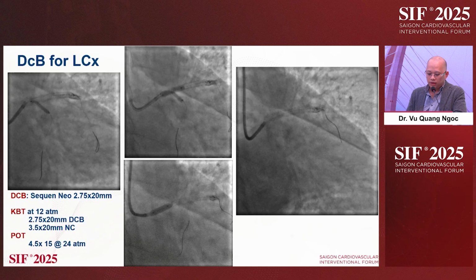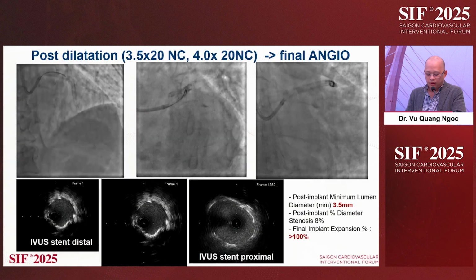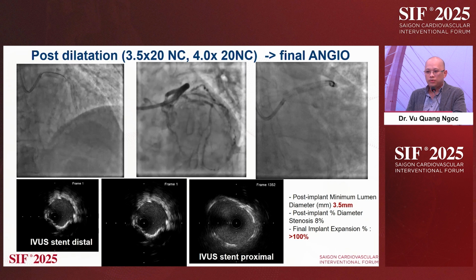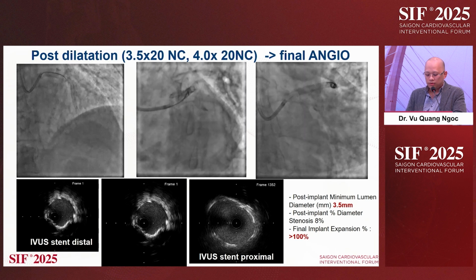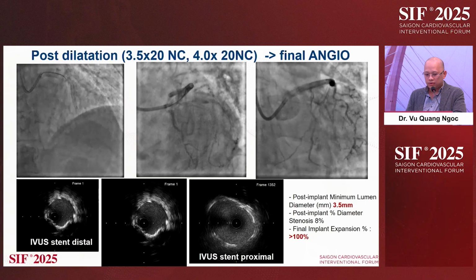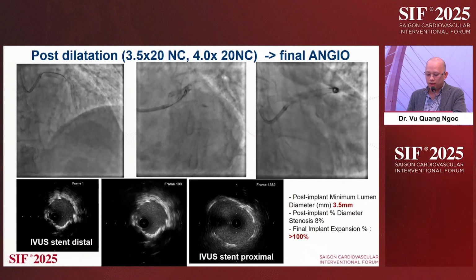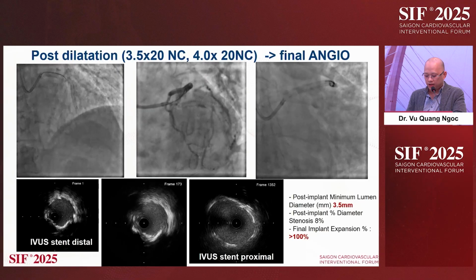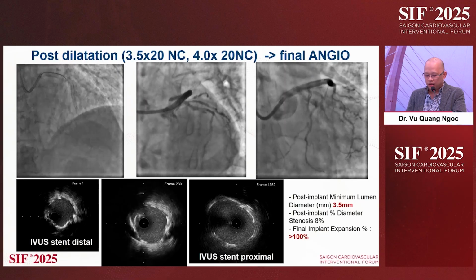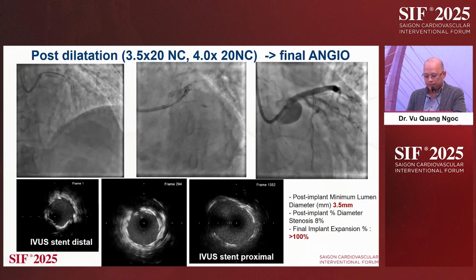Then we achieved quite good flow in both the LAD and the circumflex. In this situation we did not want to prolong the procedure, because the patient is quite elderly and cannot tolerate a longer procedure.